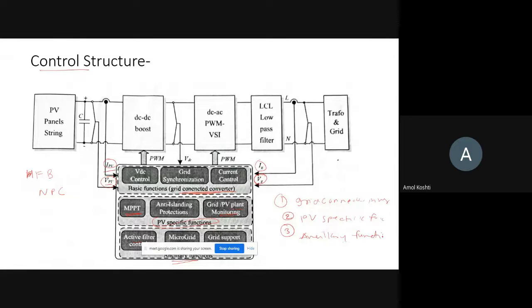Ancillary functions means here we have some filter circuits, inductors, and capacitors for reactive power compensation into the grid. Whatever supporting system is required for the grid, it can be a switchgear system and all that, is also included in this ancillary function. So that control diagram is present in every one of these inverters, whether full bridge or NPC.